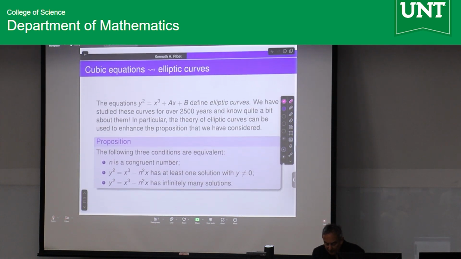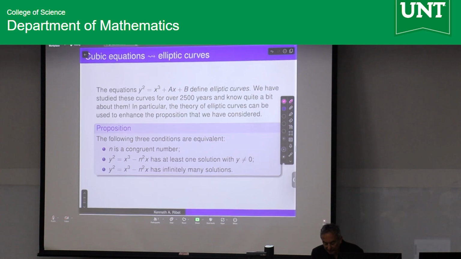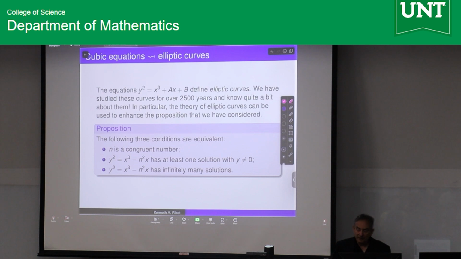But now in this proposition, we're going to get a little bit more serious and invoke some theory of elliptic curves. The theory is, going from the second line to the third line, if you have an elliptic curve of the type that we're considering, and it has a solution aside from a solution on the x-axis, then it has infinitely many such solutions.